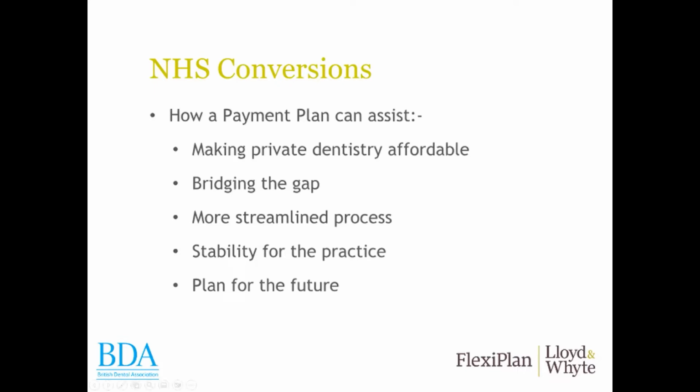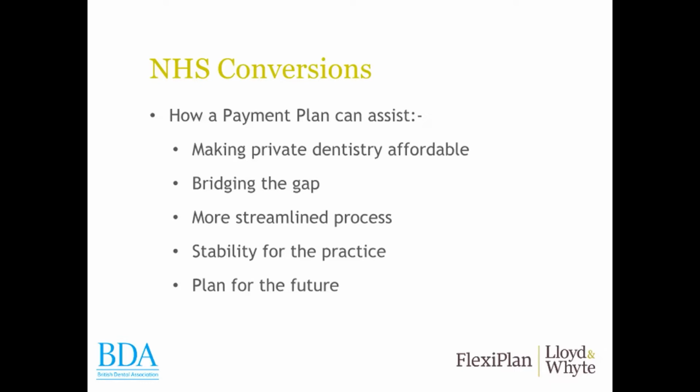So one of the main things, there may be various different options you're considering. You might be thinking about completely ending your NHS contract and moving 100% private. You may have decided to continue with your NHS contract, but start to build your private book more slowly, so that you can gradually build it up, with the aim that at some point you may decide to end your NHS contract.